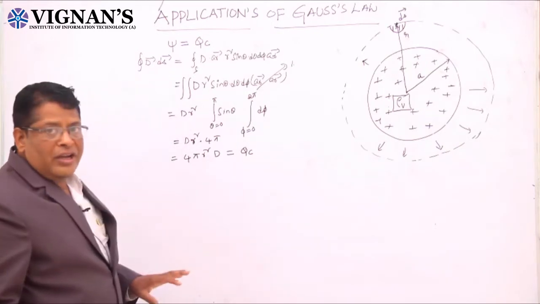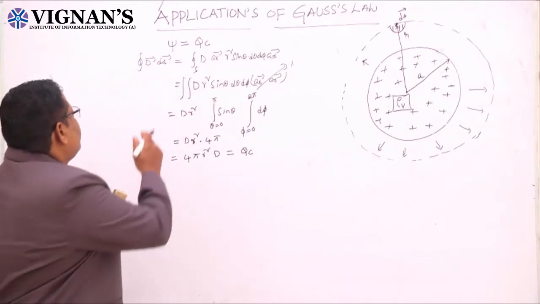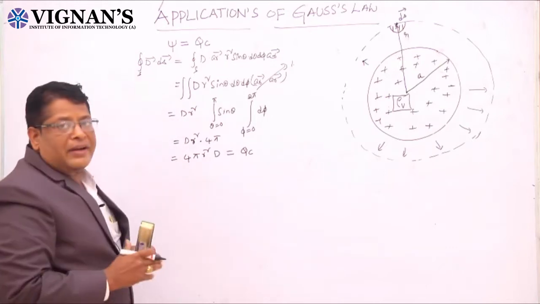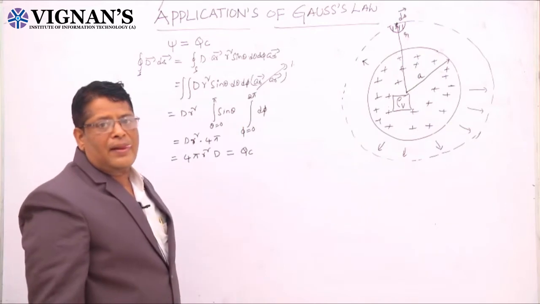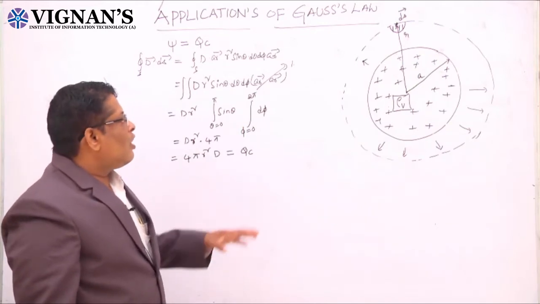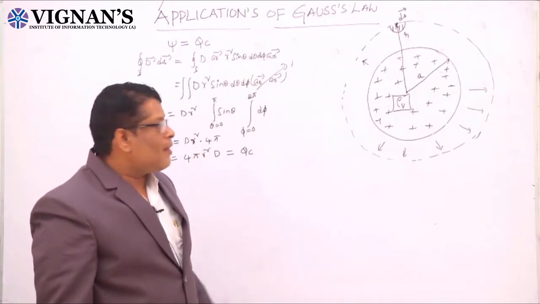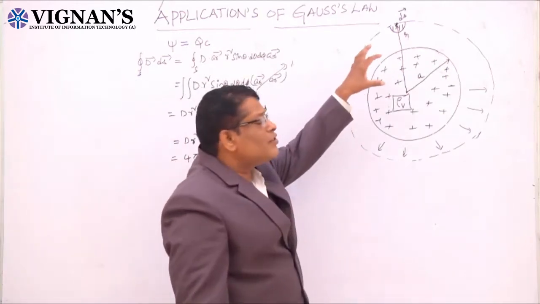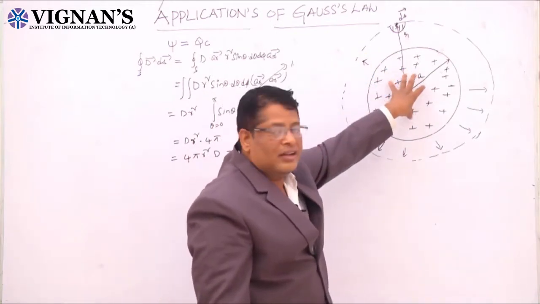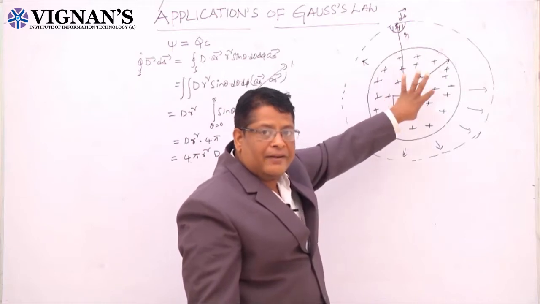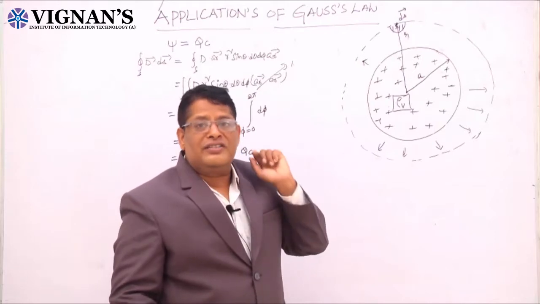Up to here we calculated the surface integral of D bar dot ds bar, which is how much flux is leaving the Gaussian surface. Now we have to find out how much charge is enclosed by the Gaussian surface, which means the charge on the sphere. Here, in the case of a sphere, the volume charge density is defined.